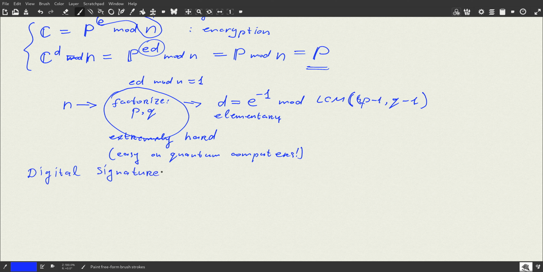It's used a lot, for example, for packages: you take the source code and apply your private key, and they can verify that the sender is the actual, official one.